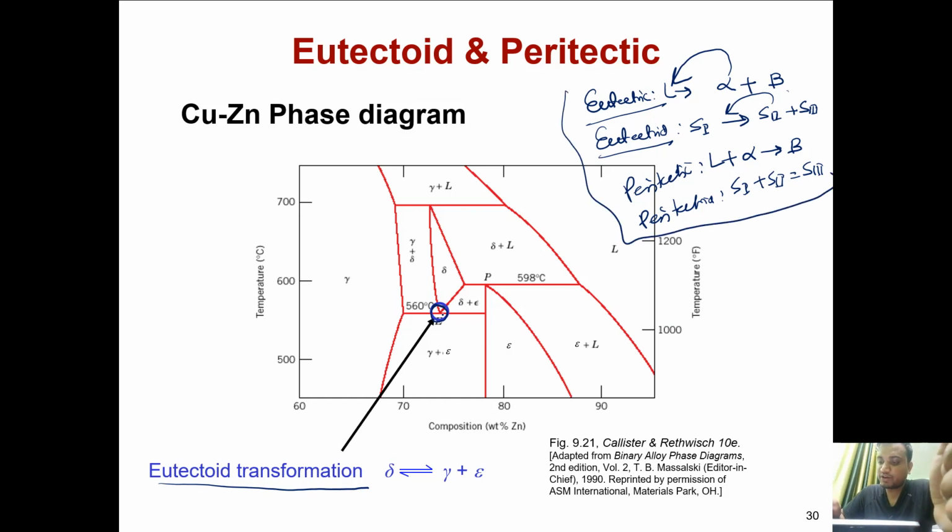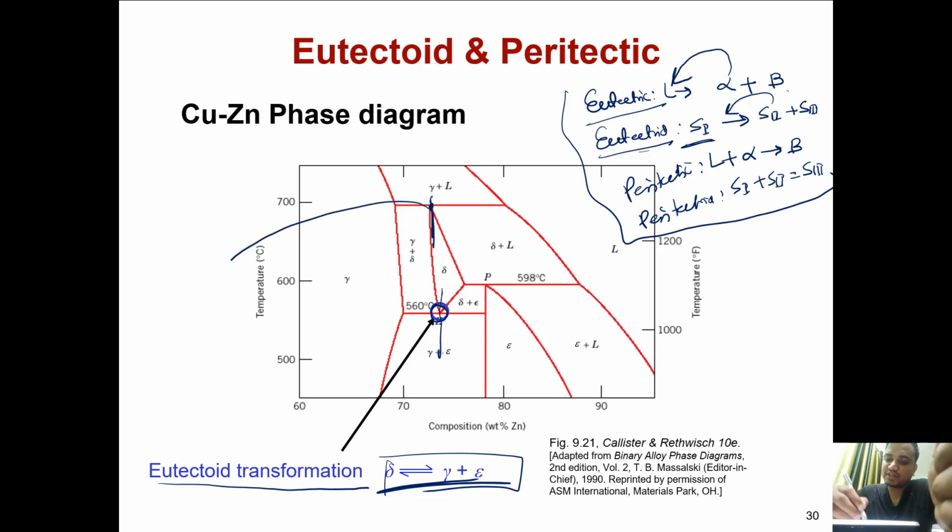So let's see here eutectoid. That means you understood that one solid should give 2 solids. So here we are able to see that there is delta, and that is giving us this gamma plus epsilon, right? So this is one kind of eutectoid reaction. And there is this point also, you can see this is gamma plus L. So liquid and solid is there and giving you another solid.